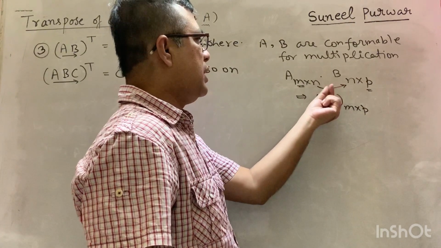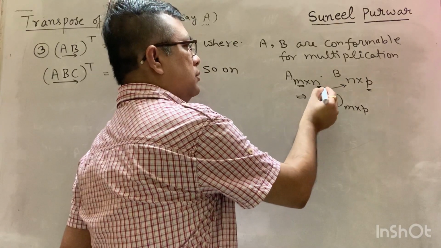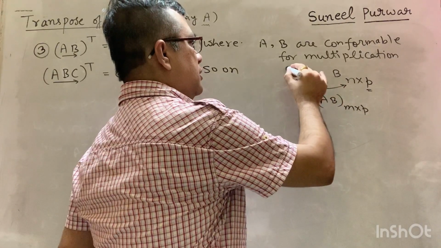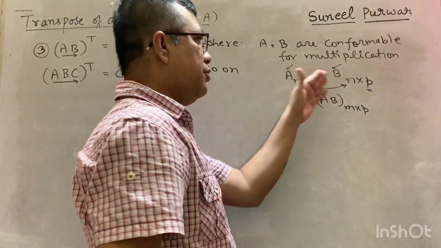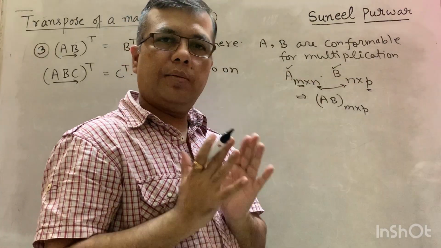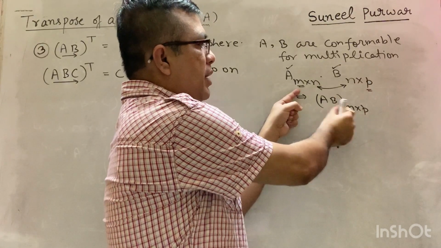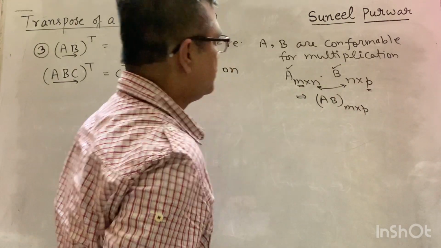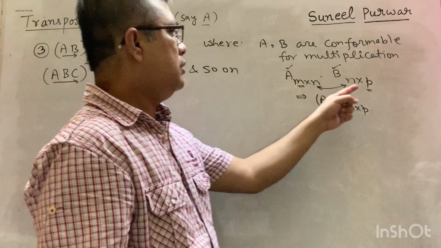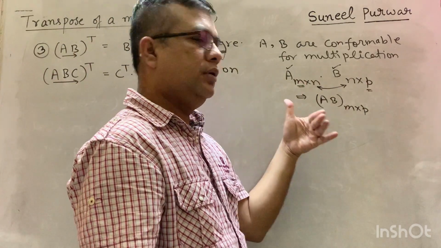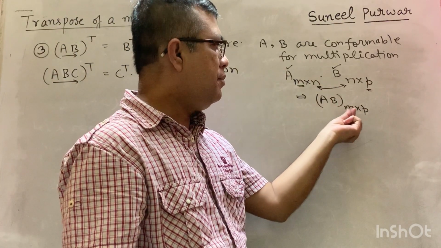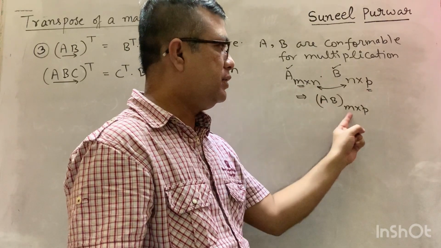So these two numbers have to be common, then only the matrices can be multiplied in that order, and the remaining two numbers will give you the size of the product matrix. What are the remaining numbers? M and P. So the size of the product will be M by P. First M, then P. Same way you write here.